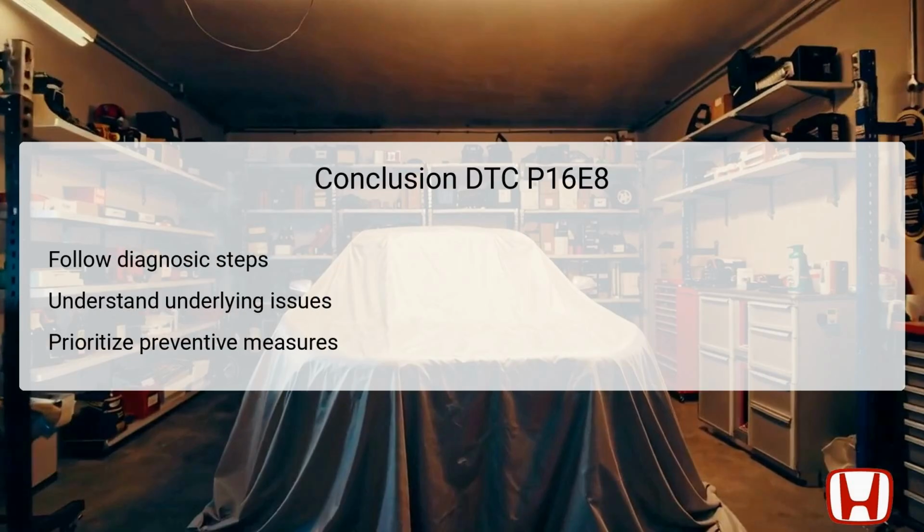In conclusion, effectively addressing DTC P16E8 involves a structured approach where each diagnostic step must be meticulously followed. Understanding the underlying issues that this communication error may stem from, such as faulty wiring or bad connectors, is crucial for accurate assessment and repairs.